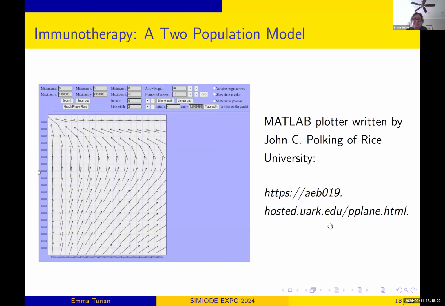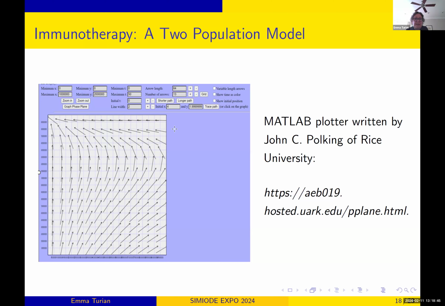Now, another free software is MATLAB Plotter, written by John Polking of Rice University. So the only issue I've seen in here is that we need to dabble with these settings, and these are the precise settings that I used to obtain these plots.